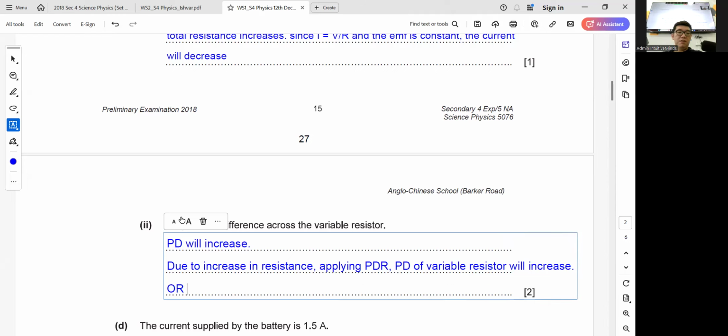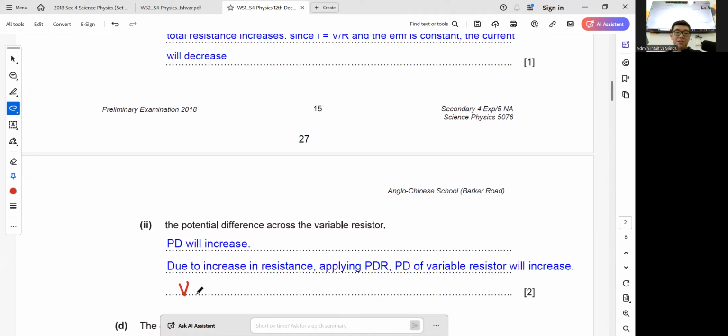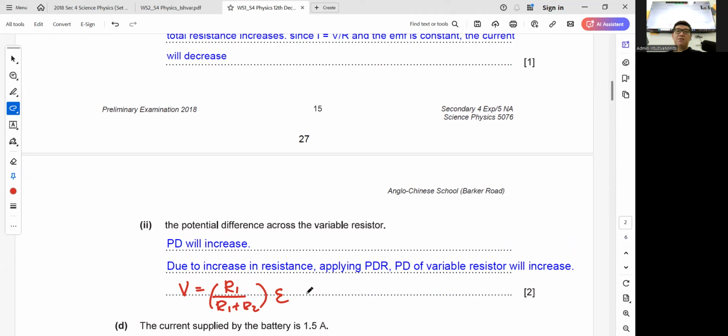Alternatively, V equals IR. No, you can't use that because your I decreases. You only use PDR. So your V of the variable resistor would be R1 over R1 plus R2 times E, which is the EMF.